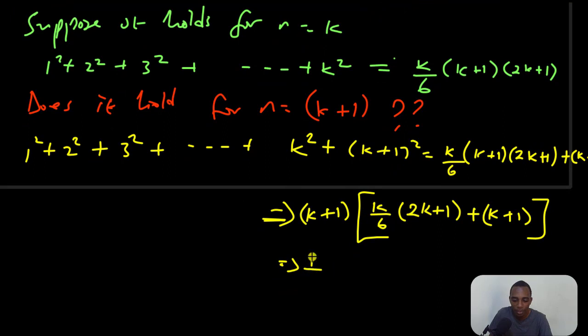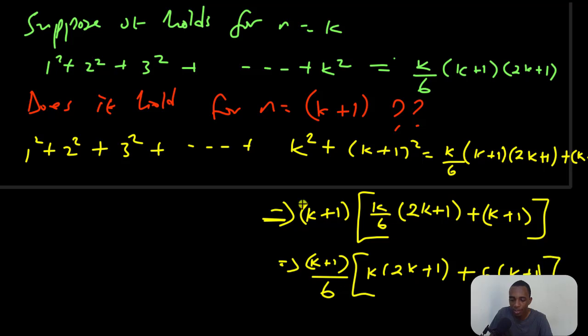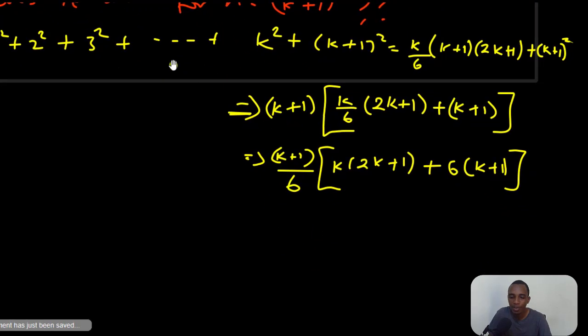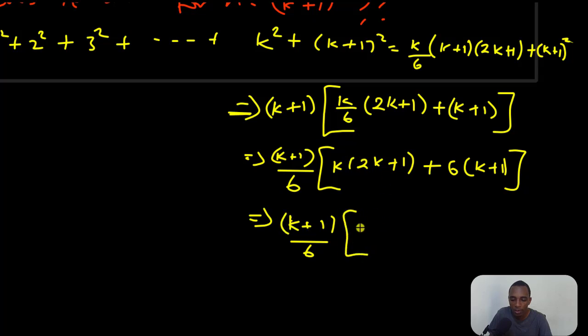So I have k plus 1 over 6, and inside here we have k into 2k plus 1 plus 6 into k plus 1. So this is k plus 1 over 6 into 2k squared plus 7k plus 6.